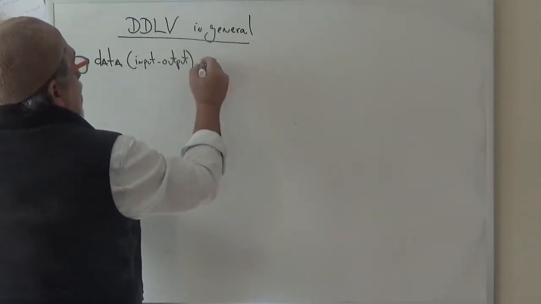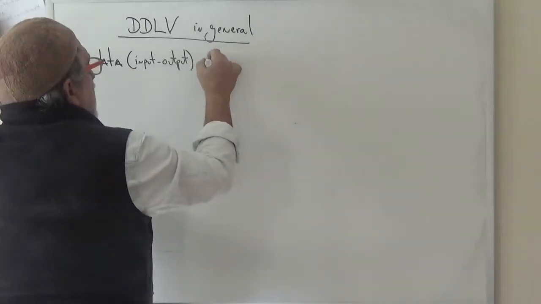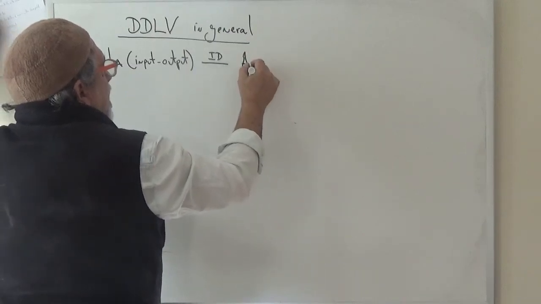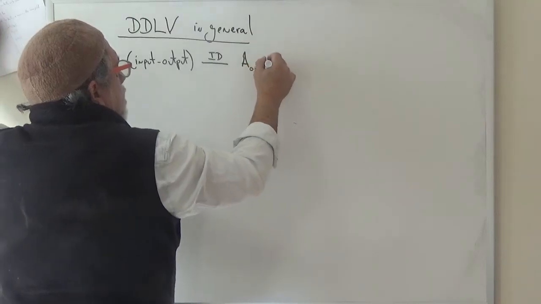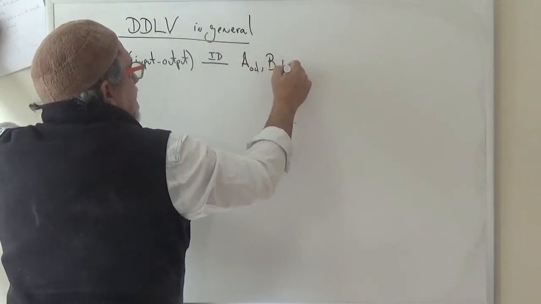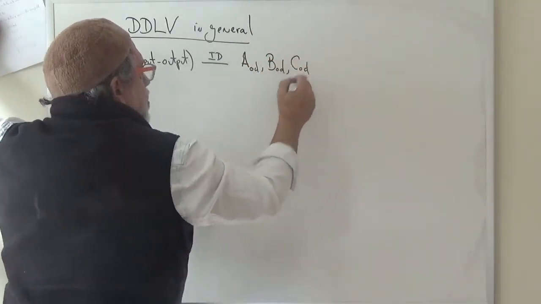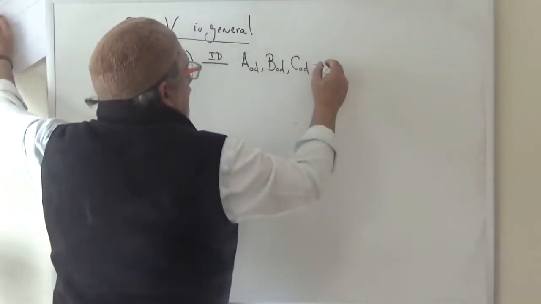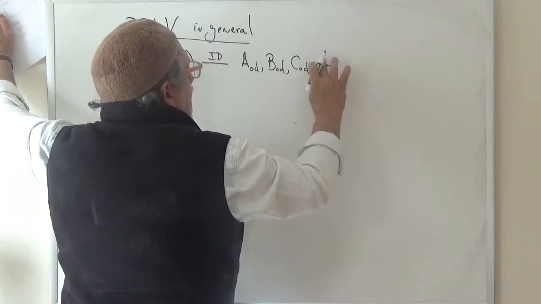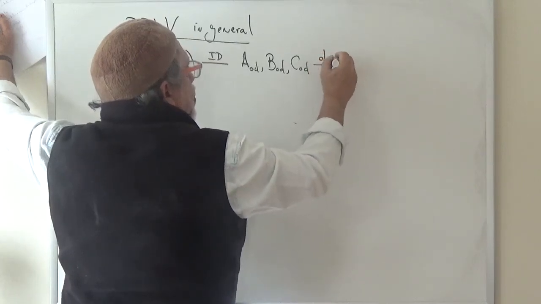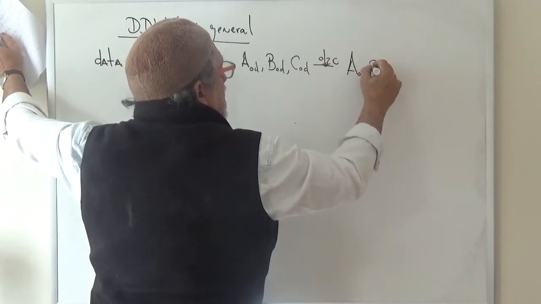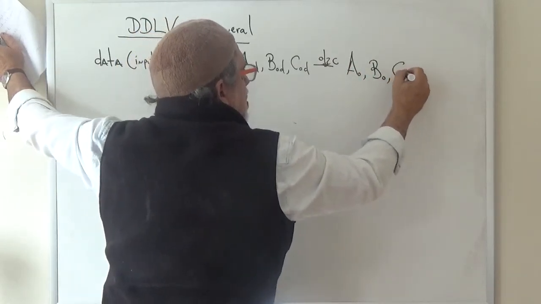So from input-output data, you perform an identification, and from the identification you get, let's say, A0 in discrete time, B0 in discrete time, C0 in discrete time, right? So once you have that data in discrete time, you do a discrete to continuous transfer, and now you have A0, B0, and C0, okay?